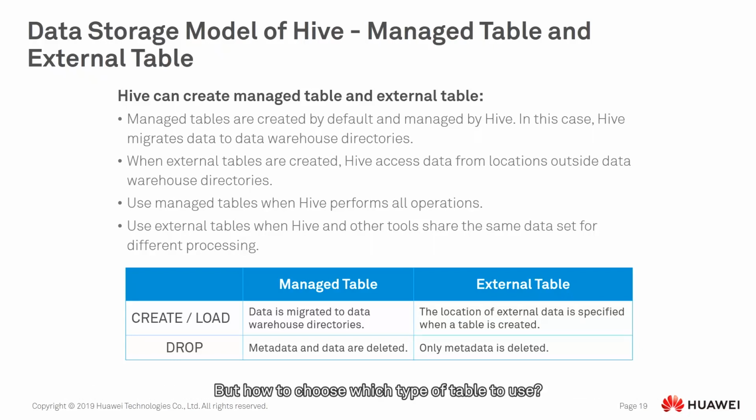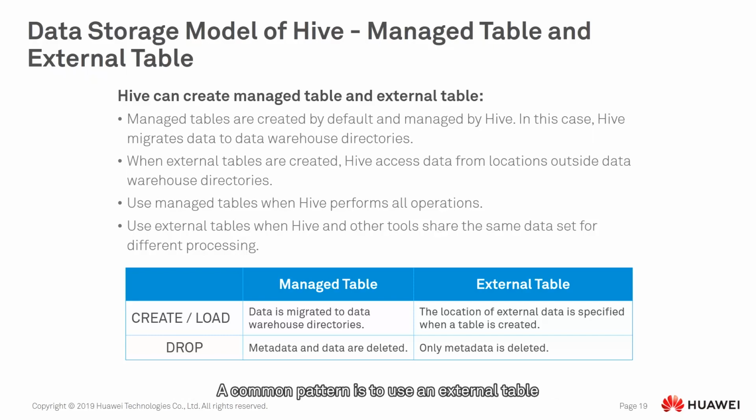But how to choose which type of table to use? In most cases, there is not much difference between these two, so it's just a matter of preference. Well, in general, if you are doing all your processing with Hive, then use managed tables. But if you wish to use Hive and other tools on the same dataset, then use external tables.